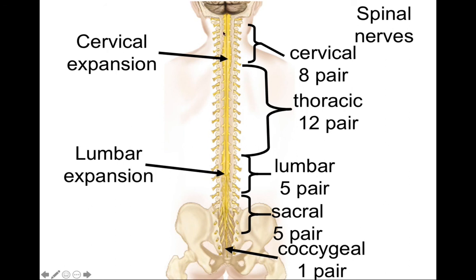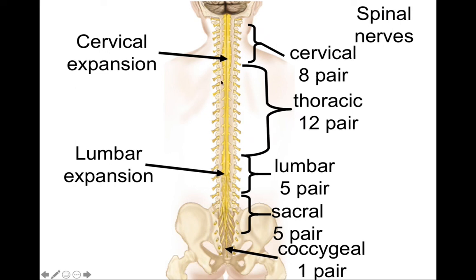We have the cervical expansion that can be found up here, and we have the lumbar expansion that can be found down here. Expansions are just referring to regions where the spinal cord has become a bit larger. And the reason that we have these found in these locations is because of the increased input and output that's coming into and leaving the spinal cord to enter the arms and legs.